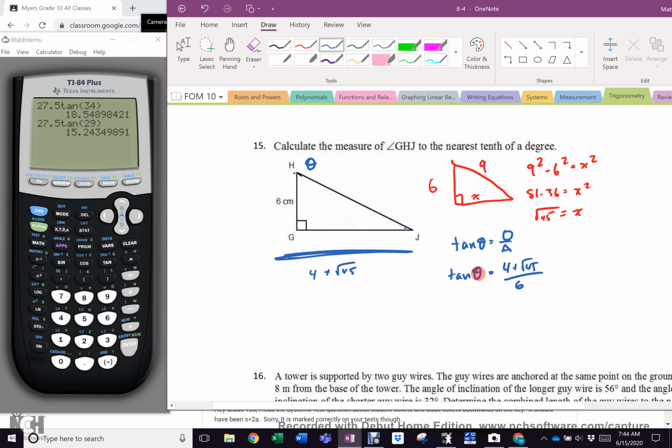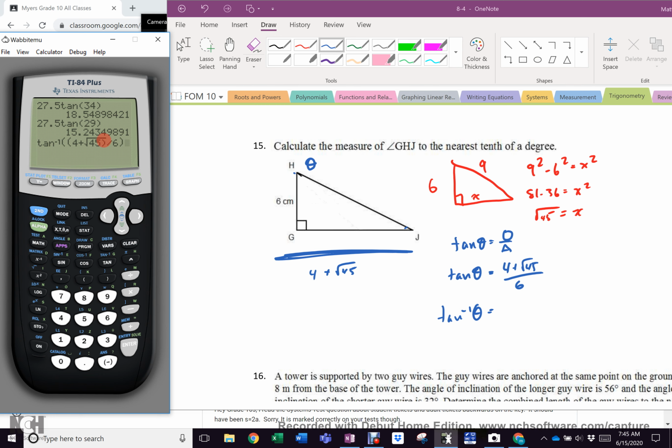Since I need an angle, that is shift tan, brackets, because I'm doing division, 4 plus the root of 45, close the brackets, divided by 6, then close those brackets.